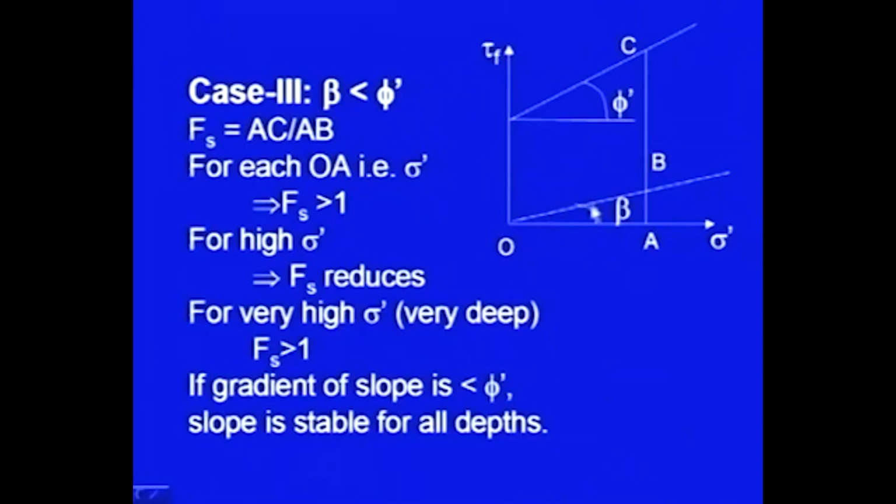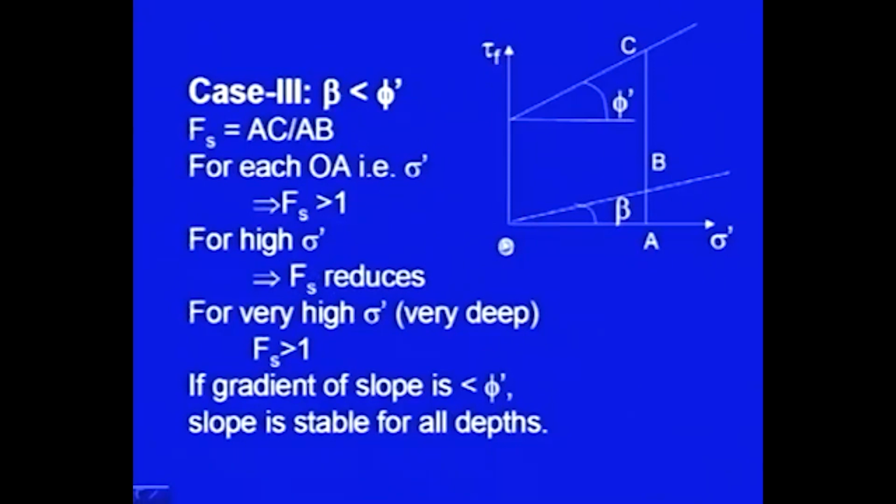Now, the slope is very flat, beta angle is very small, phi dash is larger, and now you can check it again. Fs will be equal to AC upon AB. Again, this is the shear strength, A to C, and A to B, this is the shear stress. Their ratio represents the factor of safety, and again the same thing happens when sigma dash is very small, this value tends towards infinity.